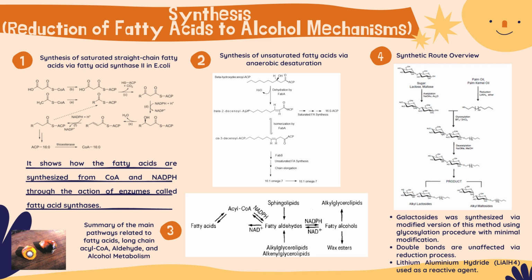And also the reduction takes place at room temperature, and no unusual chemical equipment is required. Furthermore, throughout the reduction, double bonds are unaffected. This is advantageous since both palm oil and palm kernel oil contain considerable amounts of double bonds.